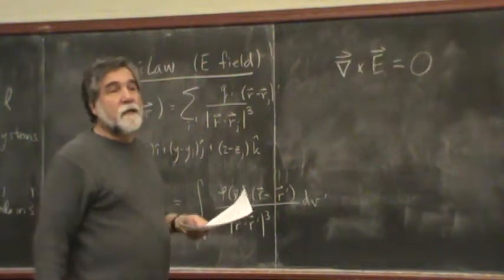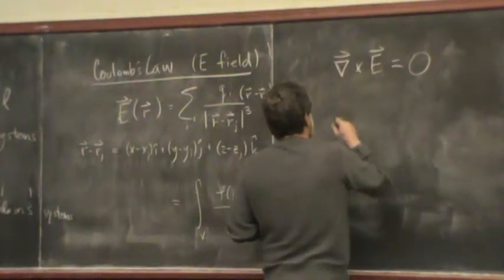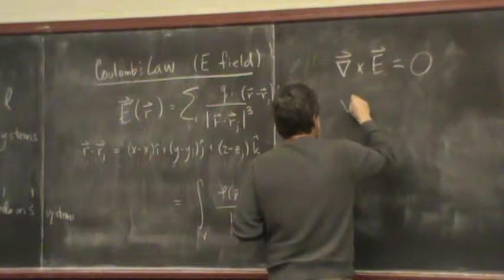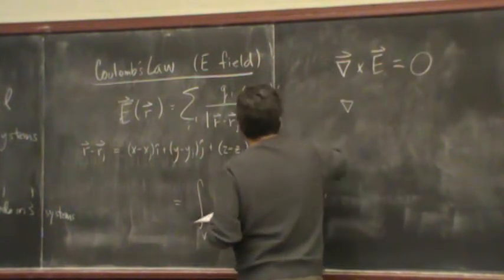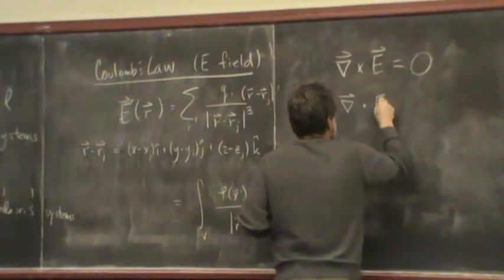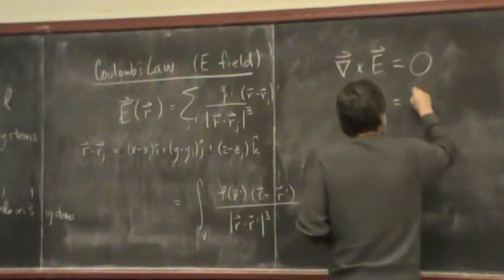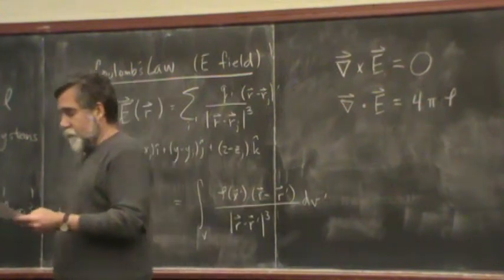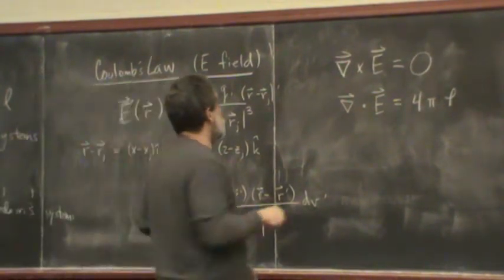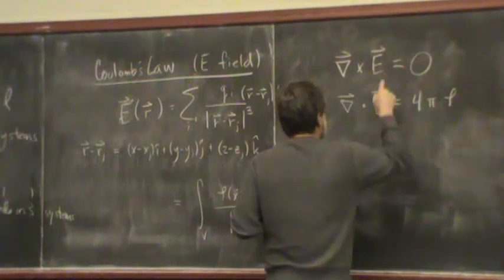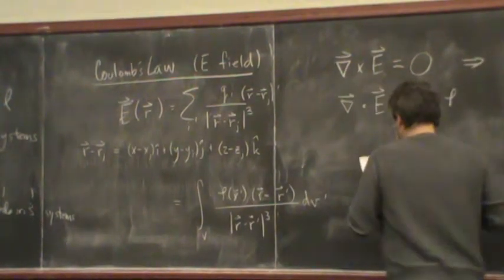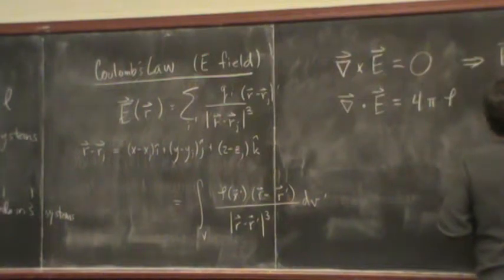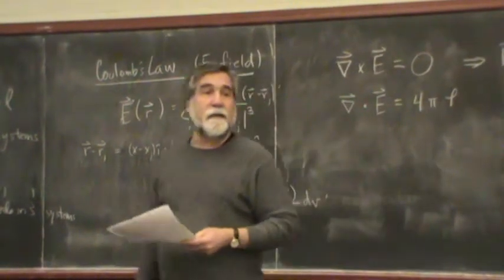But it also leads to another result, which is that because the curl is 0, and because Coulomb's law, this expression for the electric field, leads to the divergence of the electric field being equal to 4 pi charge density, all of these combined lead to the observation that there must be a scalar potential, which we're going to write like this, whose gradient gives us the electric field.